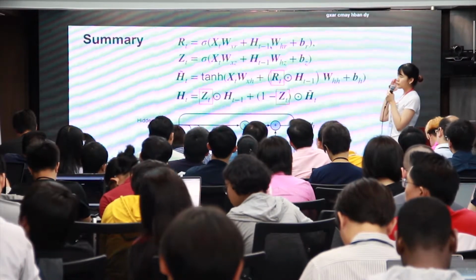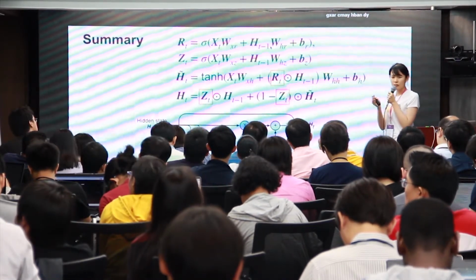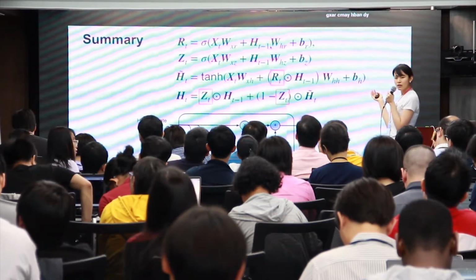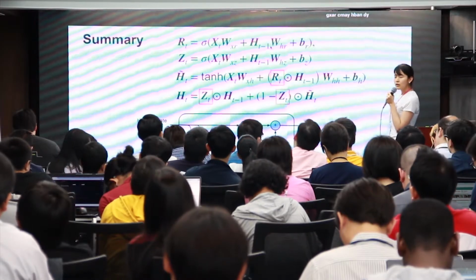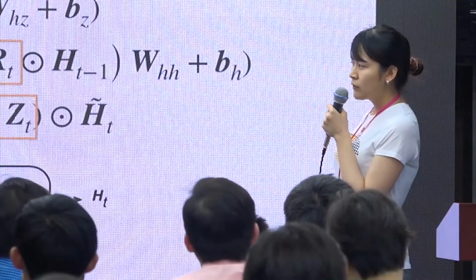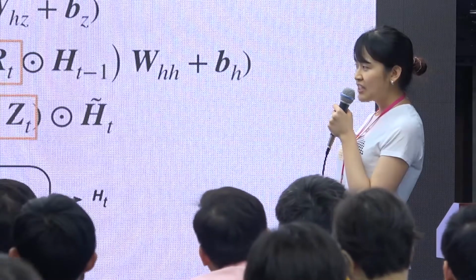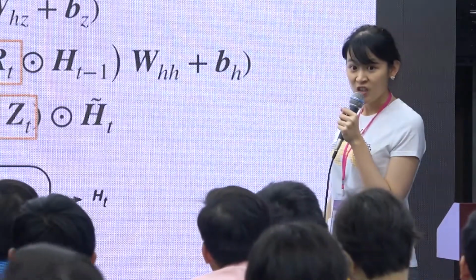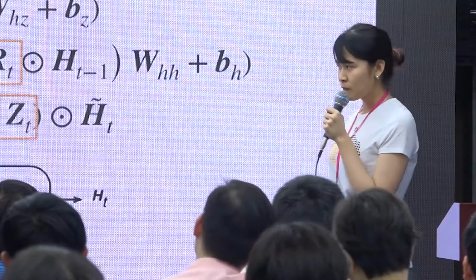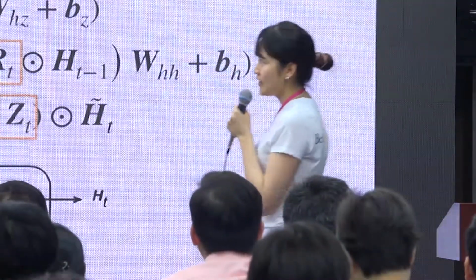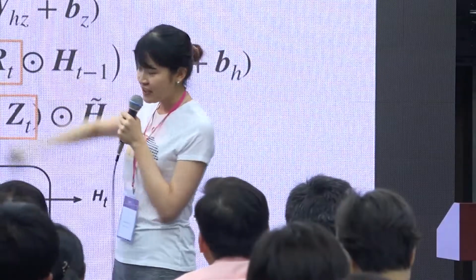I'm pretty sure that your first part is right, but I'm not quite following your last two sentences. So are you confused about why we have this ZT and this HT? Yeah, it's pretty confusing. Okay, so you can think about RT and ZT as two gates.